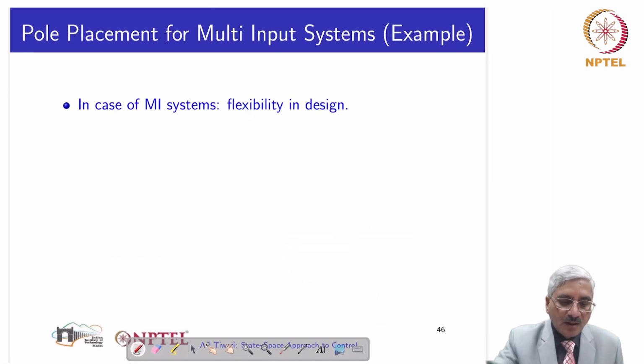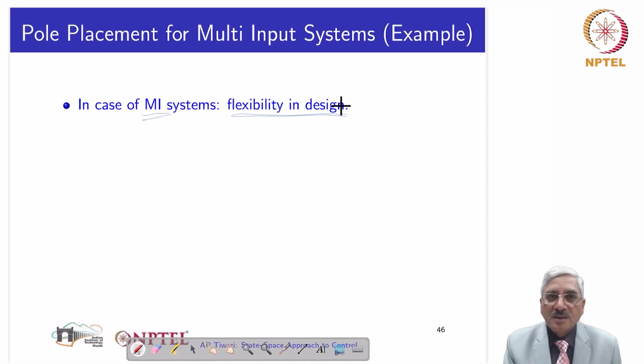Now, we have a few remarks I have been telling, but we recall some of them. In case of multiple input systems, we have flexibility in design because we can select different AC for the same characteristic polynomial, and so we get different values of K. So we get design flexibility for the same characteristic polynomial.